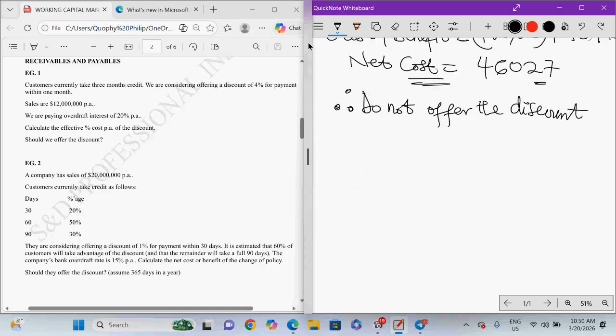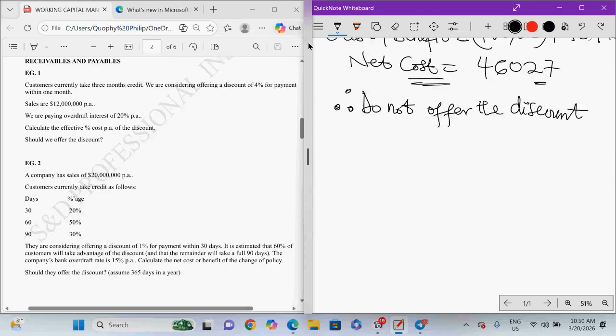Any question? We'll compare it to the bank overdraft, like what that one is giving us, before we decide whether to give the discounts or not, whether to take the discounts or not. Because this one we have a net cost, so immediately you will not take the discount policy. This one is basically from the previous one that we did, right?